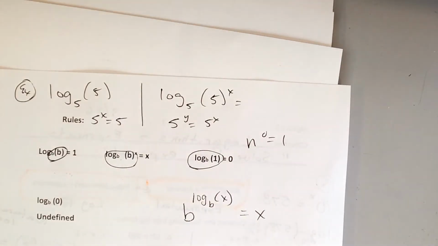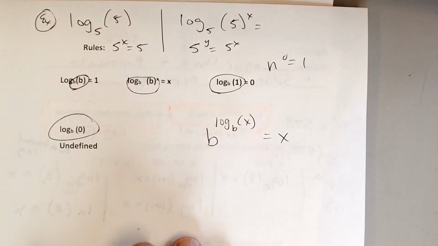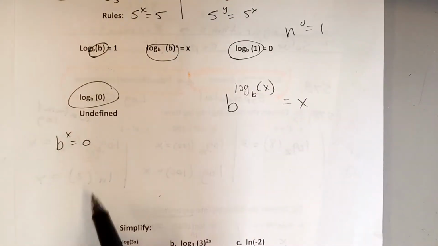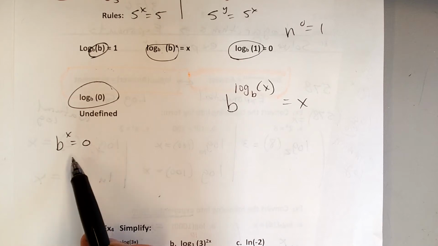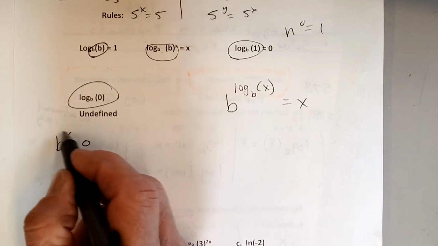Now, the one thing you can't do is log of 0. It won't work, because you're looking for an exponent, okay? You're saying b to some power equals 0. This is like our half of the half of the half. Remember how we did this? If I'm going to walk halfway to the wall, will I ever get to 0? Remember how we did half, go another half? It will never equal 0.